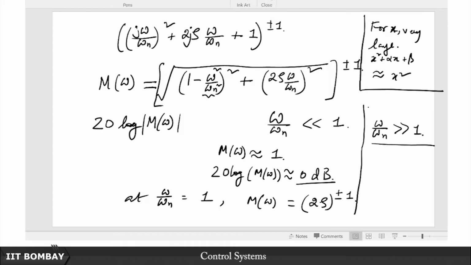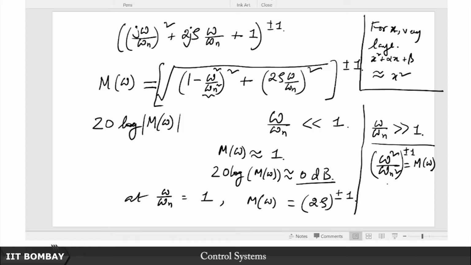So therefore we will say that this entire term is now predominantly omega squared upon omega n squared, equal to m omega. So if you take the log of this, of course to the power plus minus 1, let me not forget that.